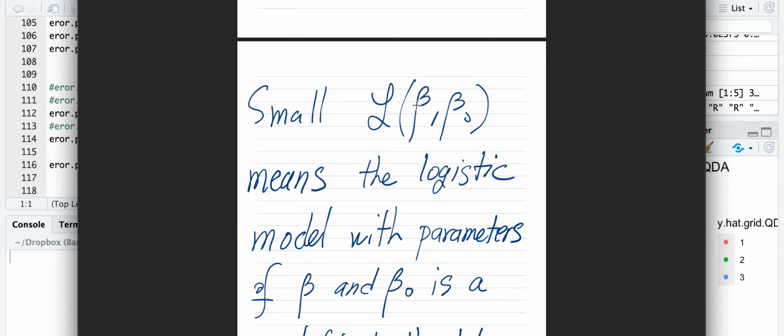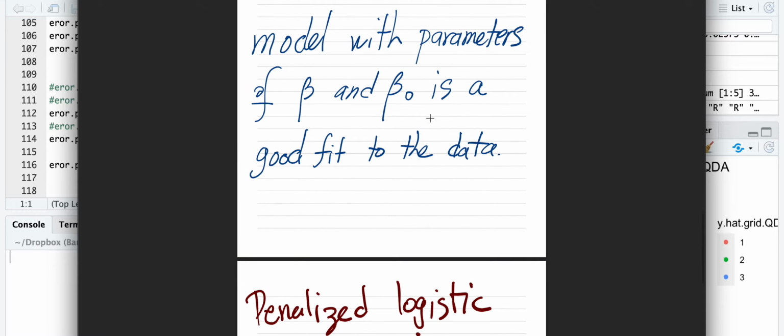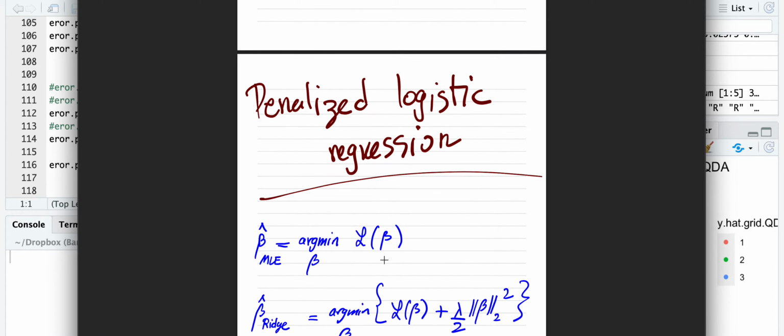I will absorb it into beta. That is possible by adding one extra column to X with all ones. So for simplicity of notation, I will just use beta. If we're talking about the maximum likelihood estimate, we seek the beta that minimizes this loss function.